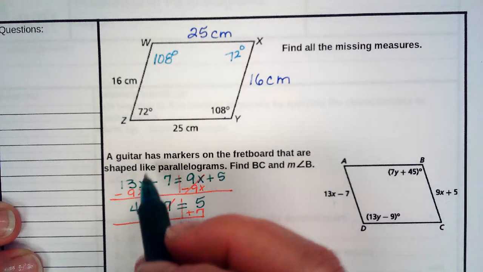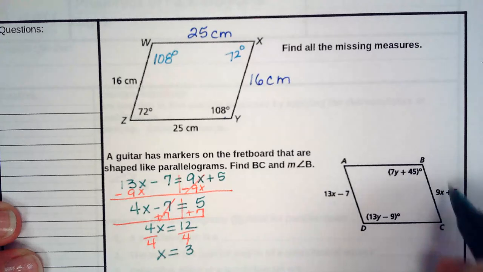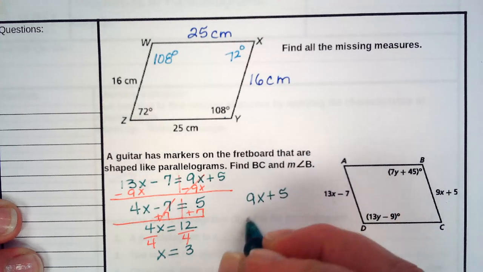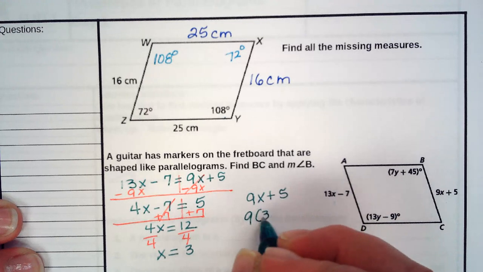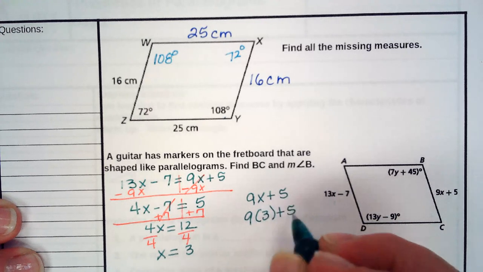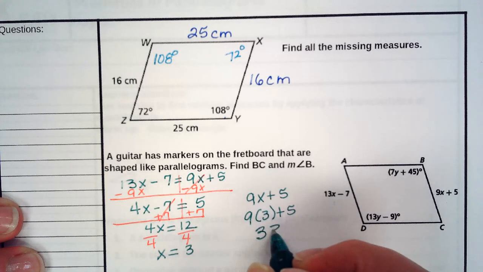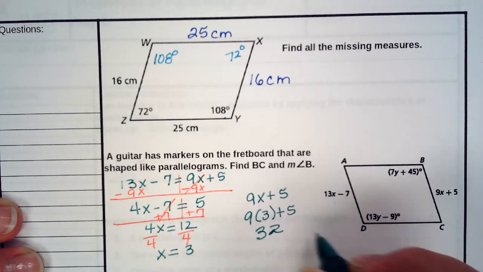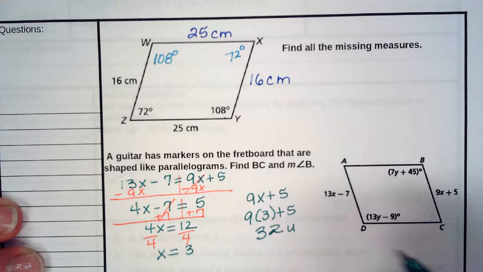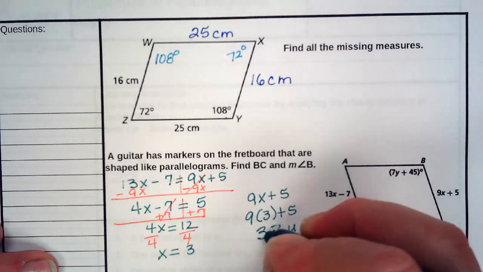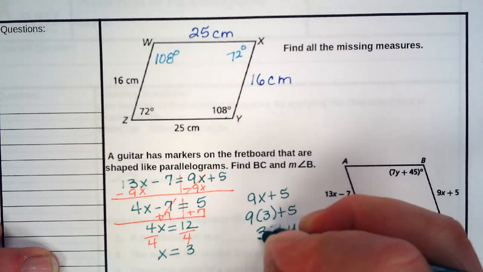So if I'm looking at BC, that is 9x plus 5, 9 times 3 plus 5. 9 times 3 is 27, plus 5 more will be 32. And that will be 32 units. We don't know what kind of units it's in, so we can't put centimeters or feet or whatever.